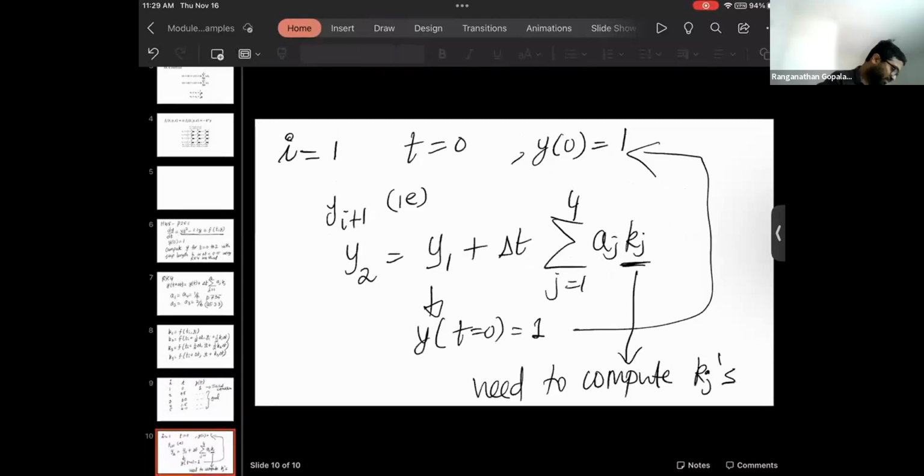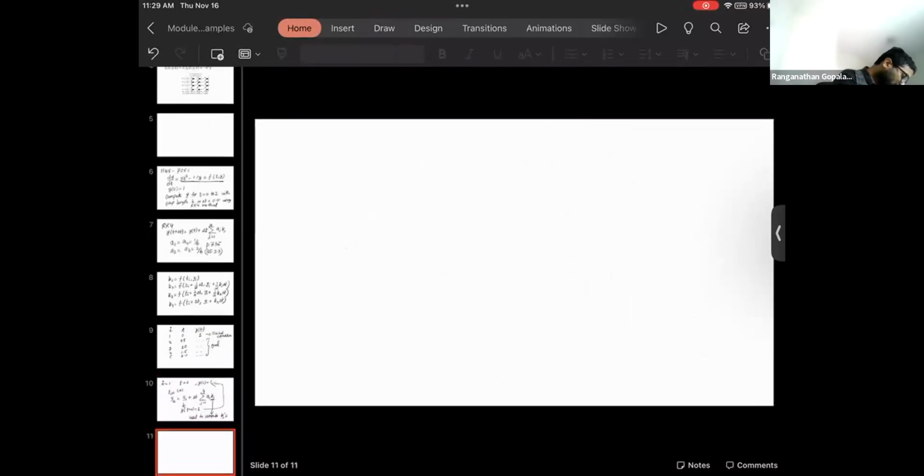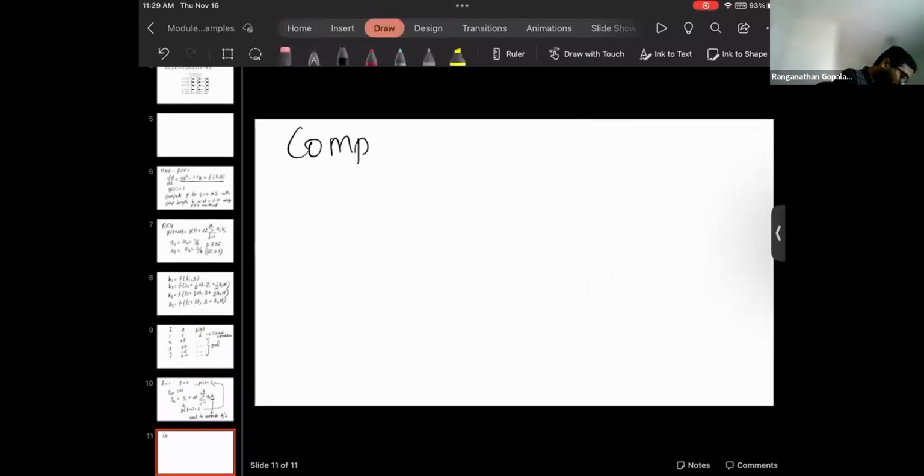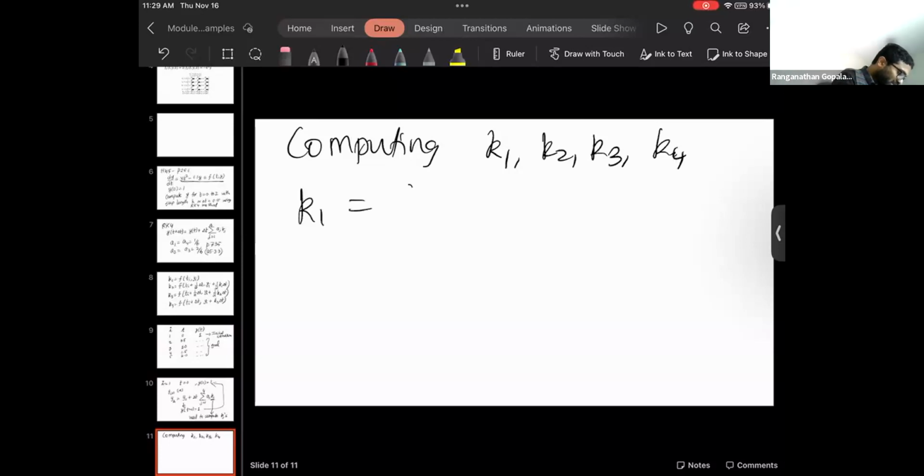Yes. Okay. So now, computing K1, K2, K3, K4. K1 is the value of the function at t1 and y1. What is the function?